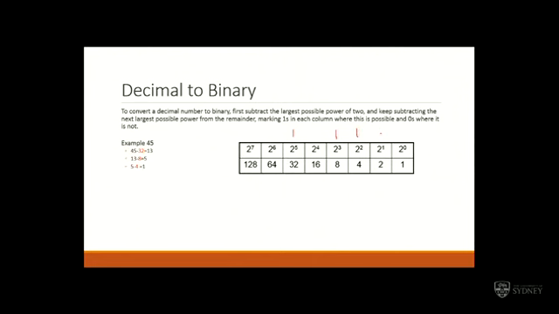Remainder 1. 2 does not fit into 1, but 1 does, with a remainder 0. So now for every column where we had a check mark, where that power of 2 fit into our decimal number, we put a 1, and for every column where it didn't, we put a 0.